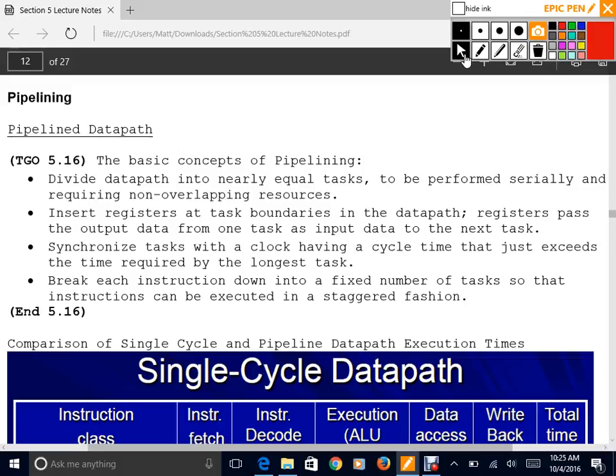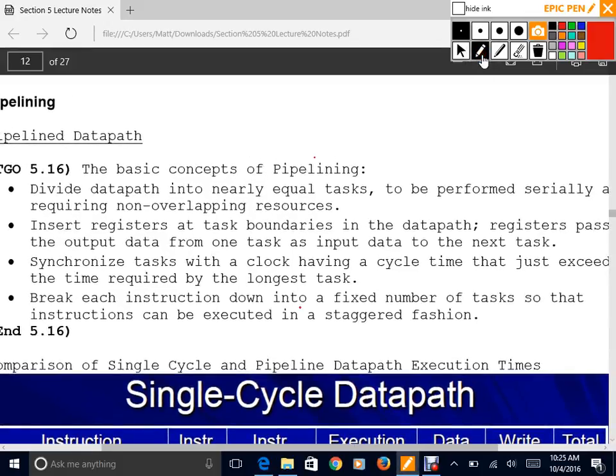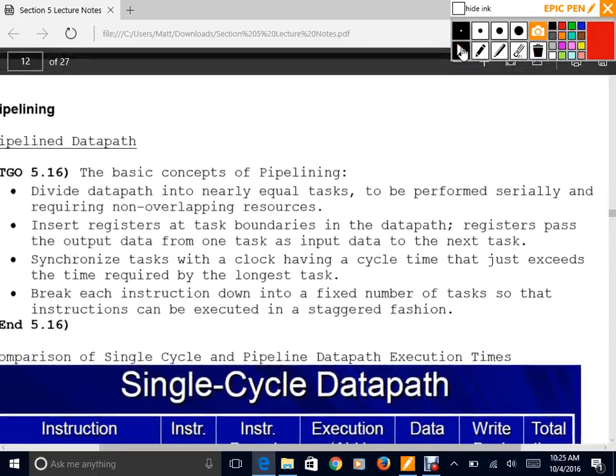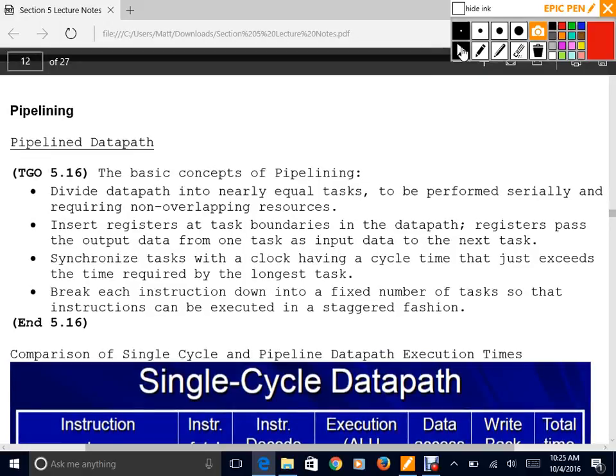So the basic concepts of pipelining. The first one is divide the data path into nearly equal tasks to be performed serially and requiring non-overlapping resources. Non-overlapping resources, as you're going to learn later on in this section, is a very important concept.